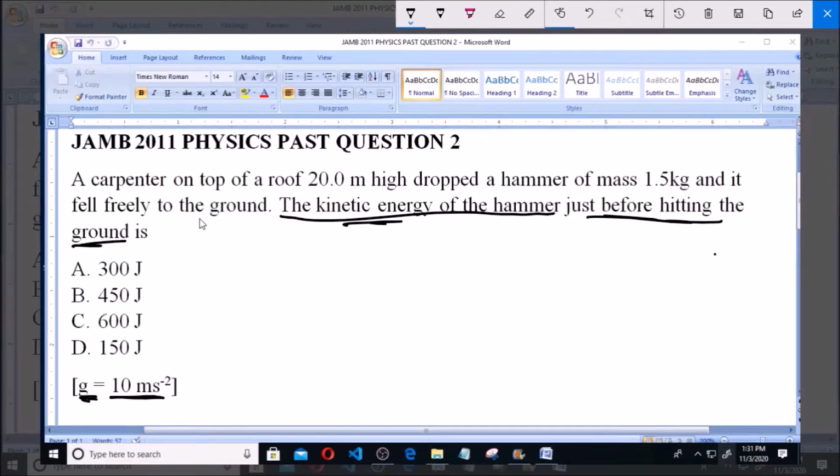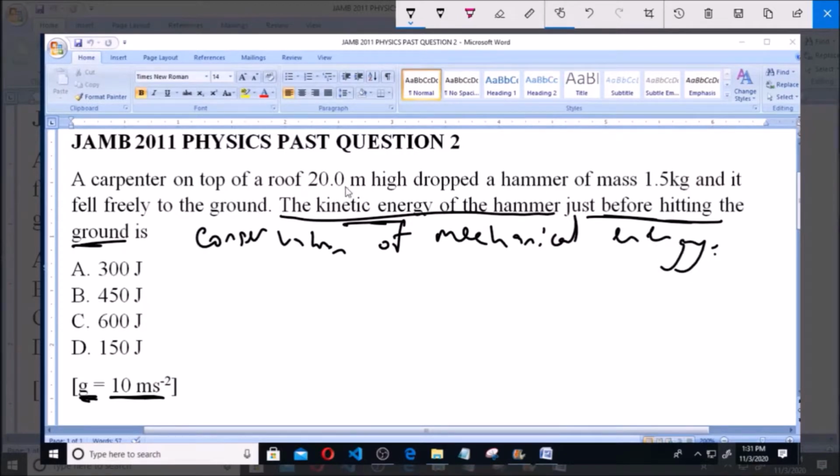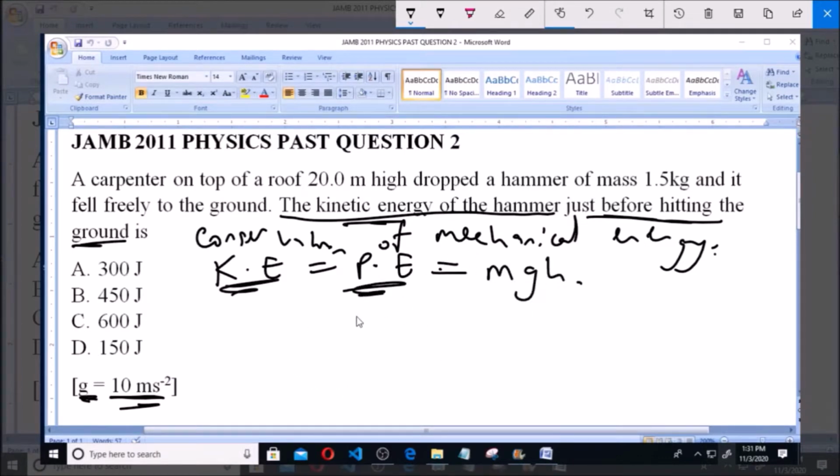One of the principles of conservation of mechanical energy, as observed when an object is falling from a height freely under the influence of gravity, is that just before that object hits the ground, the kinetic energy will be equal to the potential energy. So the formula you use to get the kinetic energy will be the same formula you use to calculate the potential energy, which in this case is mgh.